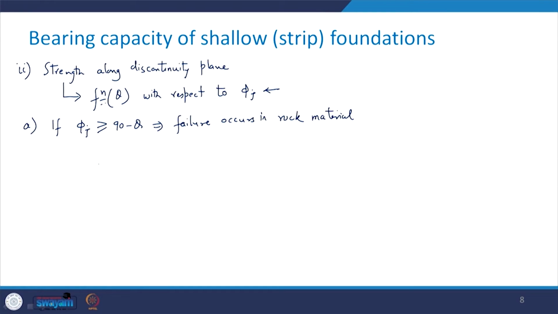So, in this case, when the failure occurs in the rock material, the strength of the discontinuity will be given by equation number 4 that we derived just now.